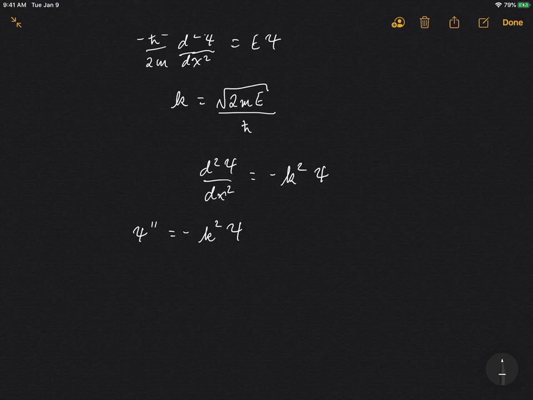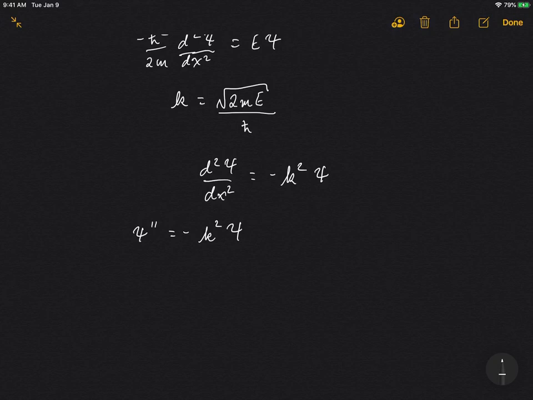Okay, and this is a fairly straightforward differential equation. What we have to do is find some function psi. Maybe we'll find more than one, in which case we may have to do some additional steps to figure out which one is the proper one. And that may involve the boundary condition.